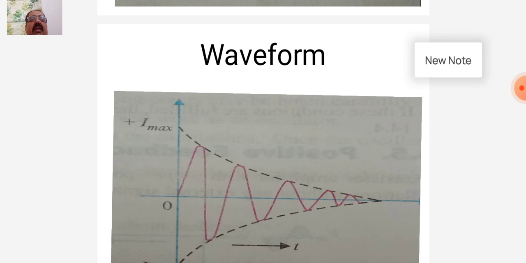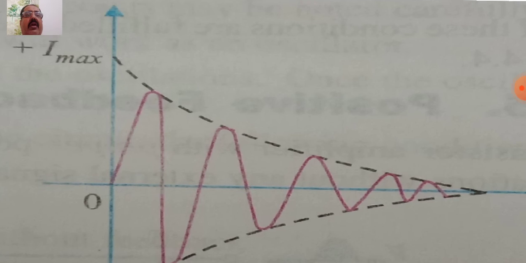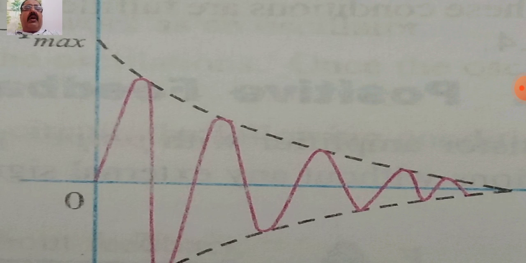The result is that the magnitude of the oscillating current decreases gradually and becomes zero when all the energy is consumed as losses. Therefore, the tank circuit by itself will produce damped oscillations as shown in this figure.